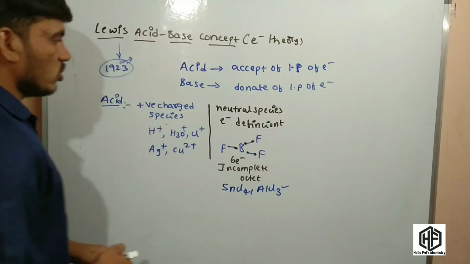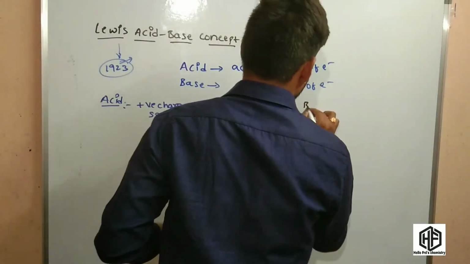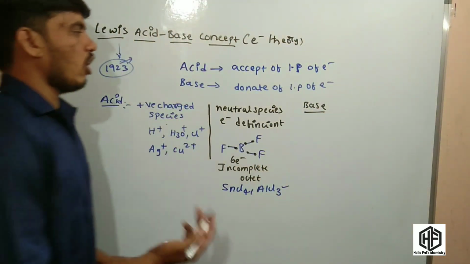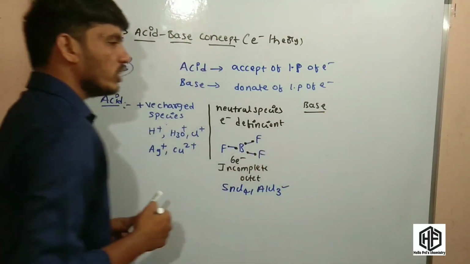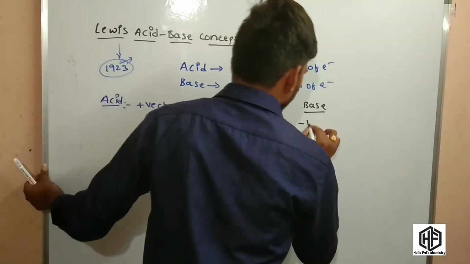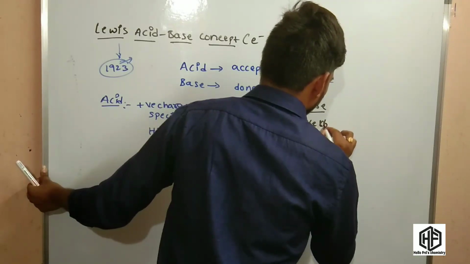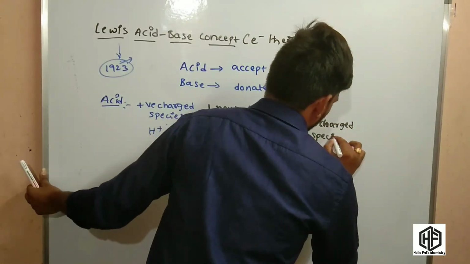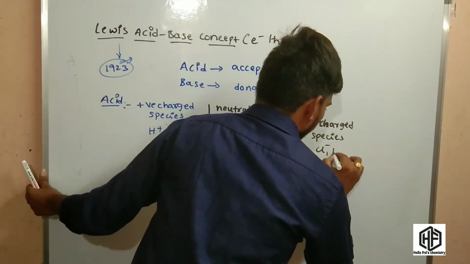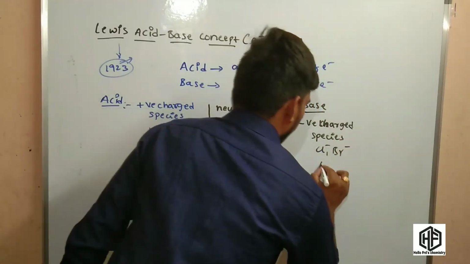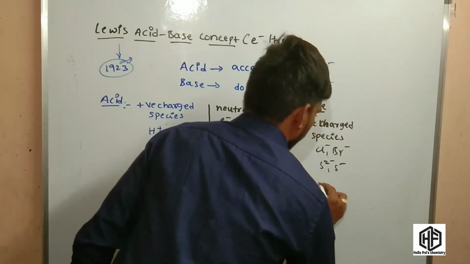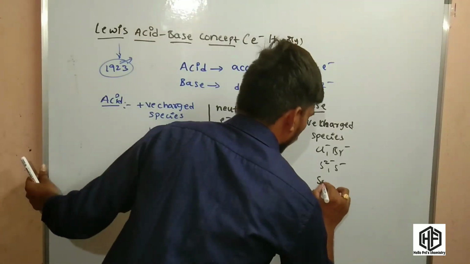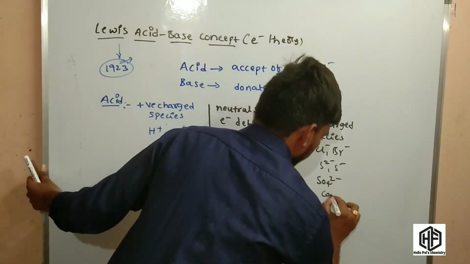Now, what are examples of Lewis bases, friends? A donor of a lone pair of electrons is called a Lewis base. Negatively charged species of Lewis bases are Cl-, Br-, S2-, as well as SO4 2- and CO3 2-.